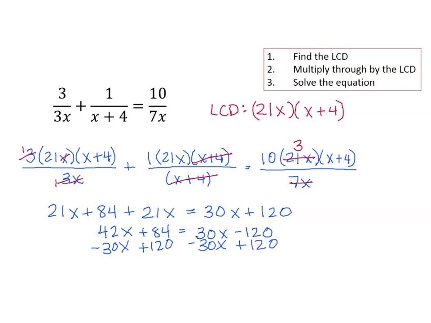So I'll end up with, actually, you know what? I'm going to leave the 120 there for now because if I'm going to solve it, I'll need that to be on the other side. Okay. So when I subtract, I get 12x equals, oh, hold on, 12x plus 84 equals negative 120. I'm going to move it up here so that I have more room.